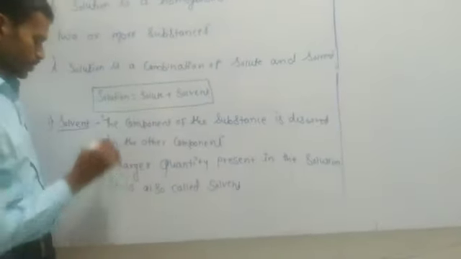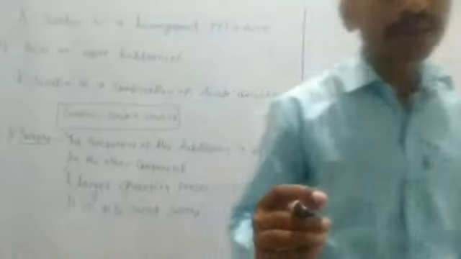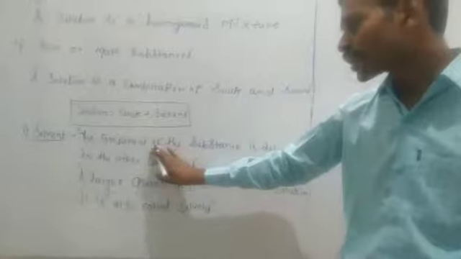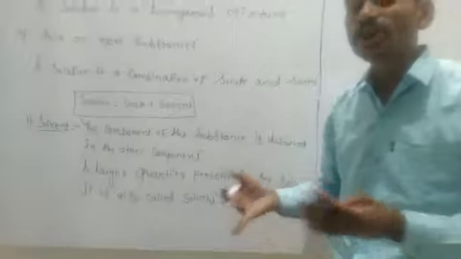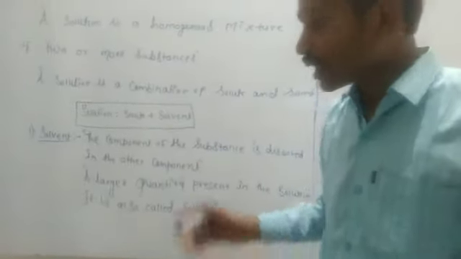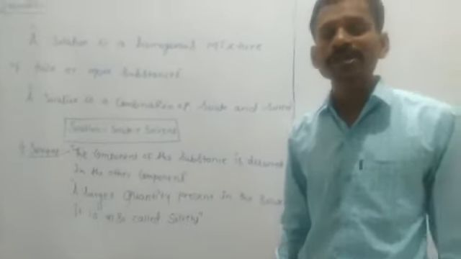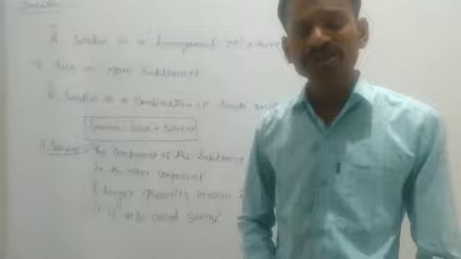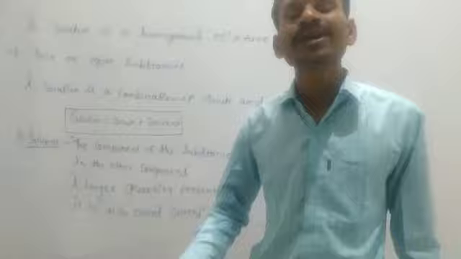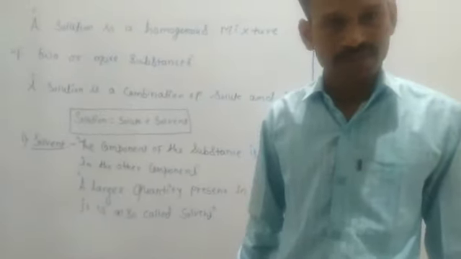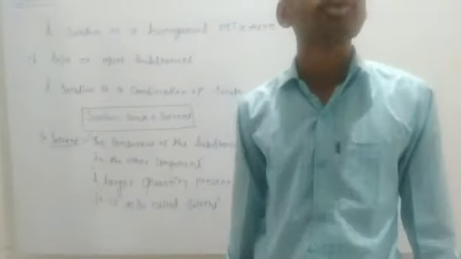These are the two definitions related to the solvent. What is the first definition? The quantity or the component of the substance that is dissolved in the other component forms the solvent. And the other definition is the larger quantity. In a solution, when one smaller quantity is present and another larger quantity is present, out of this solution, the larger quantity is called the solvent.